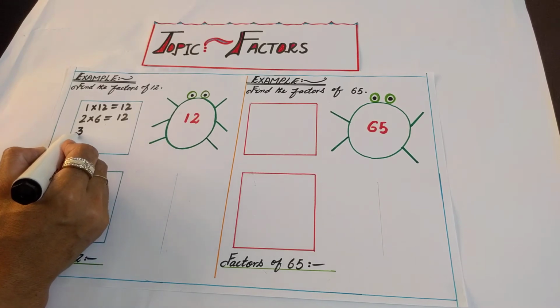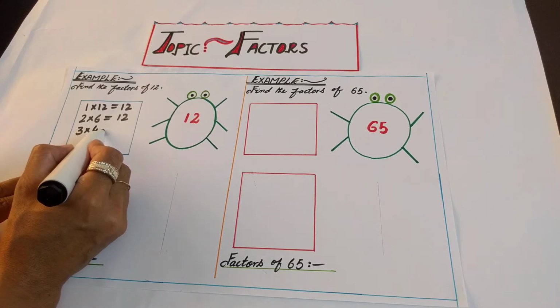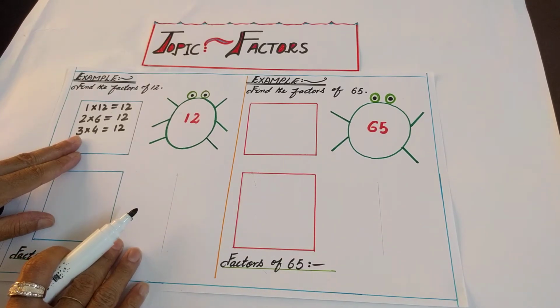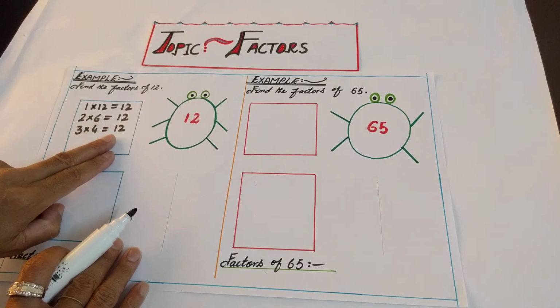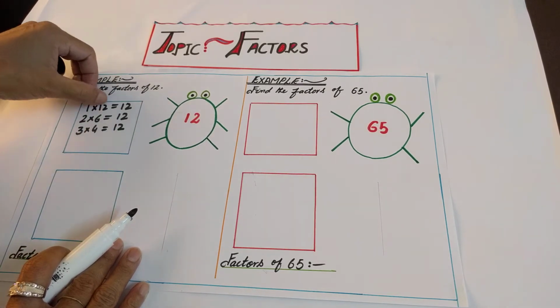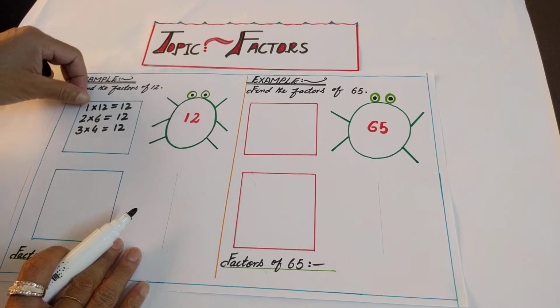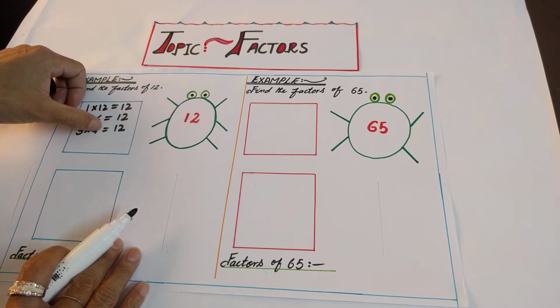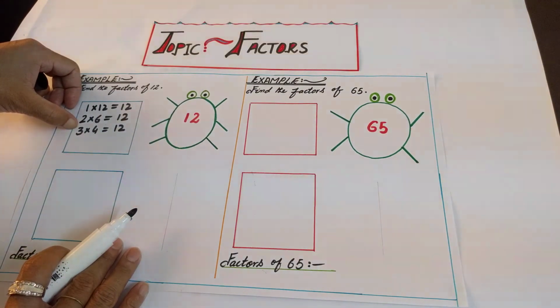3 4s are 12. So again we get one more pair of numbers by which we get 12 as a product. 1 12s or 12 1s, both are the same. 2 6s, 6 2s is the same. 3 4s or 4 3s are the same pair of numbers.